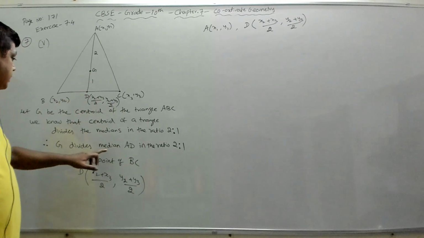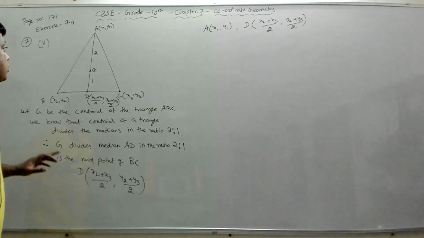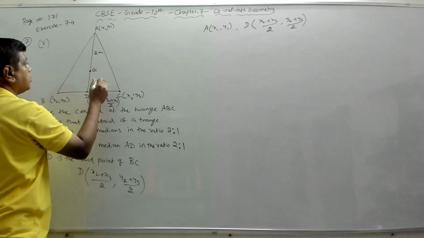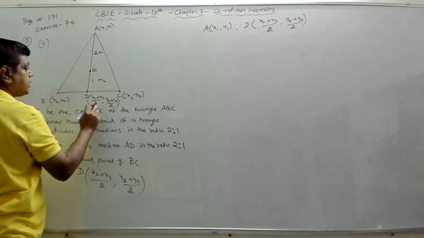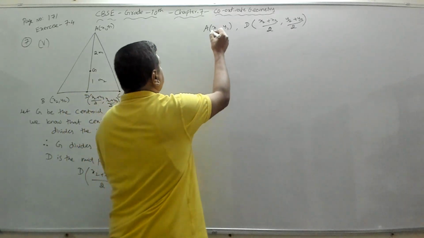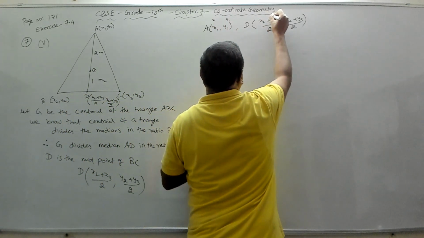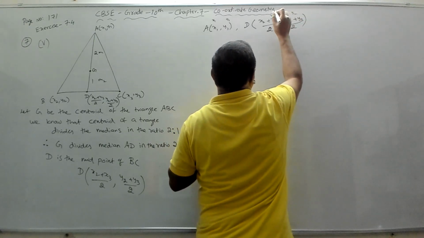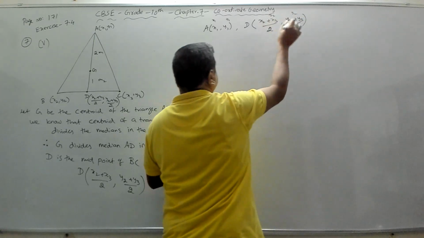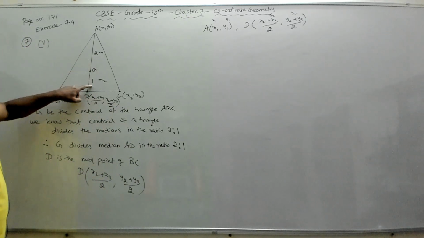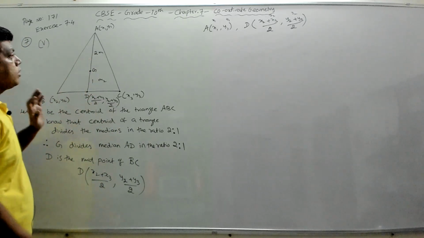G divides AD in the ratio 2:1. So this is your M1, this is your M2, and this is your x1 y1. Take this as x2 y2 for the section formula, and the ratio is 2:1. So M1 is 2, M2 is 1.